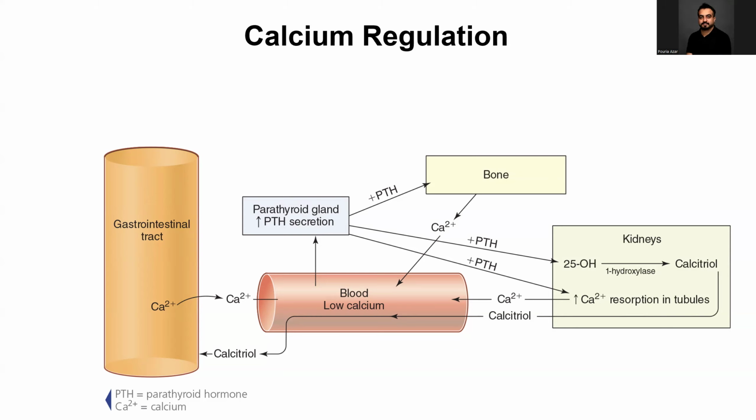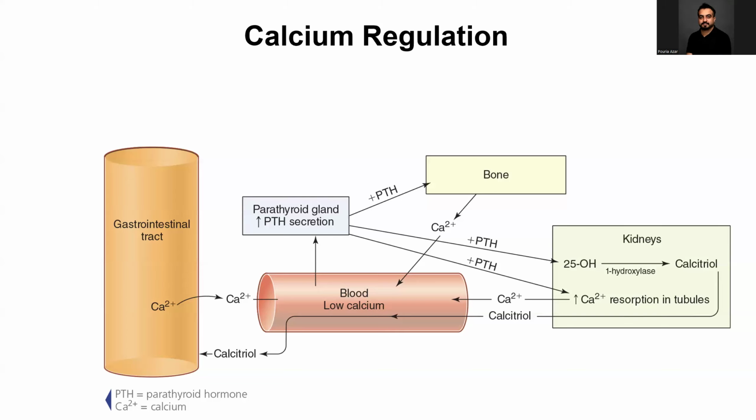Here we have the GI tract, gastrointestinal tract, where we absorb calcium, and the bloodstream, which carries calcium. Remember, calcium cannot be transferred freely in the bloodstream. We need a carrier for calcium. Most of the time, it's albumin, a protein made by the liver that carries calcium in the bloodstream.